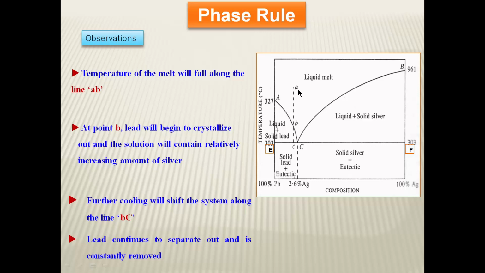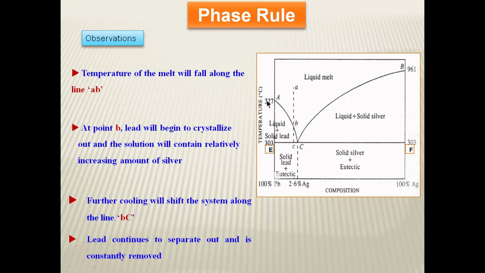Now, as we are cooling this liquid melt, as I mentioned in the previous video while discussing eutectic systems, what do you expect when we reach this point, that is 327 degrees centigrade? Pure lead should separate out as we have reached the freezing point of lead.